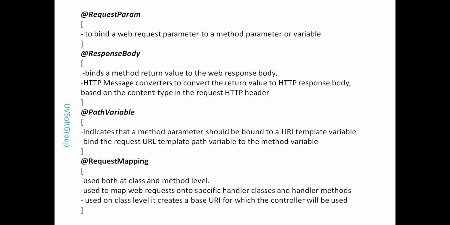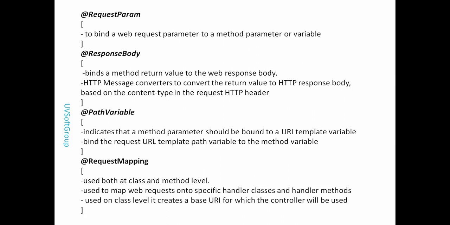Request parameter is just to bind your web parameter to a method parameter or method variable. A response body, as I said, is not a view technology, but JSON or XML response objects.